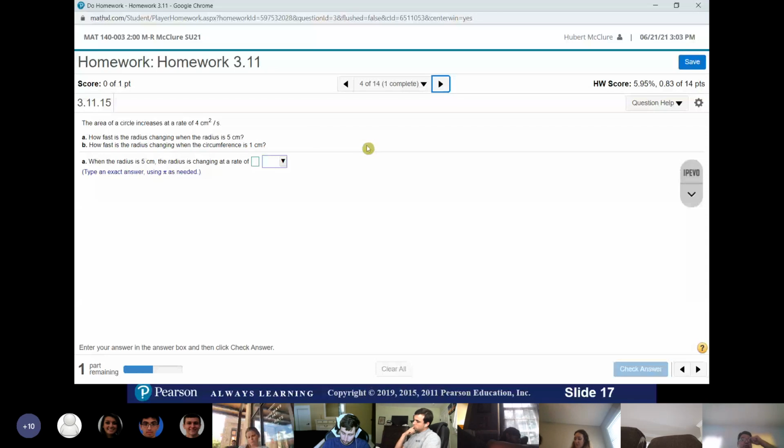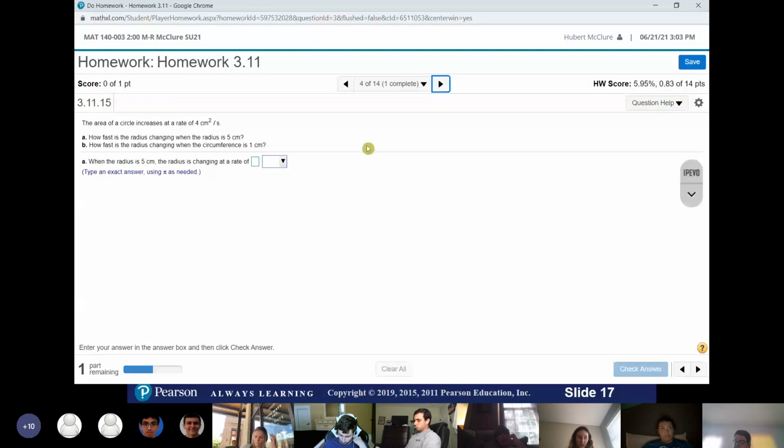And A says, how fast is the radius changing when the radius is 5 centimeters? How fast is the radius changing when r is equal to 5?